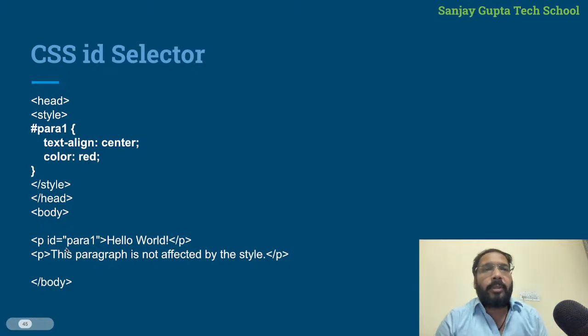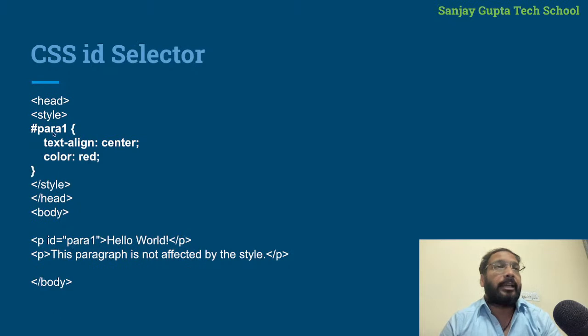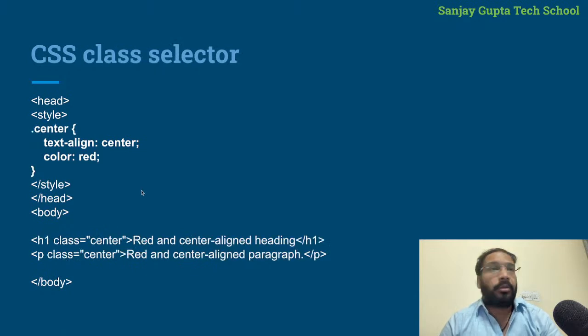If you use it with multiple elements, there can be chances that this ID will become a problem because of ambiguity. If you're using the same CSS name with more than one element, it will be a problem. Okay, so here we are using class selector. In case of class selector, you need to use dot, and after dot you can use any name, and then that class you can use with multiple elements. So you just need to remember how we use class selector.